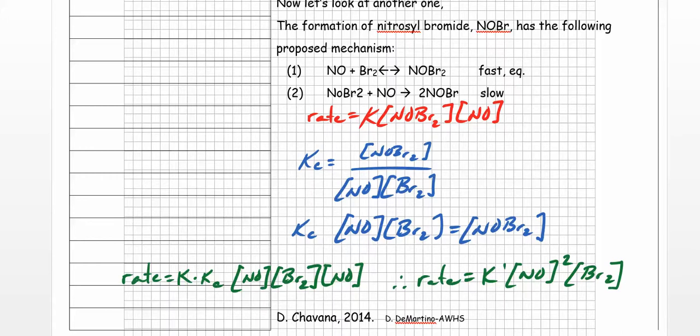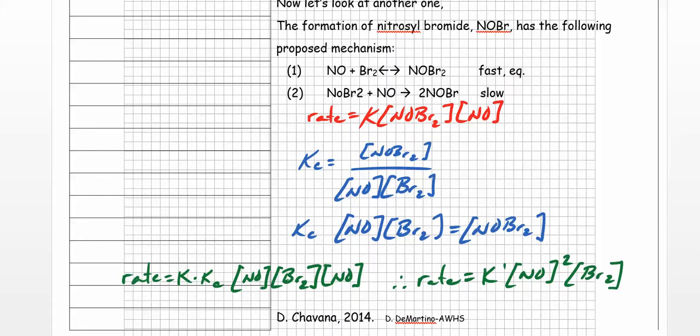That's the slow step. So if I wanted to write the rate law for this mechanism to begin with, I would go to the slow step and I would write the rate law based on that slow step, right? So I would say rate is equal to K, that's a rate constant, times NOBr2, that's one of the reactants, times NO, that's the second reactant, and that would be my rate law.